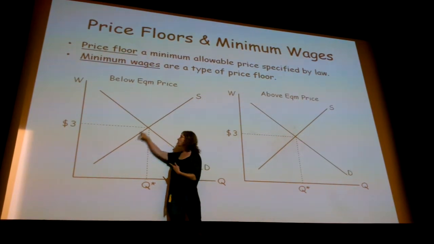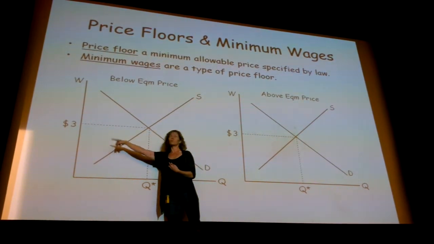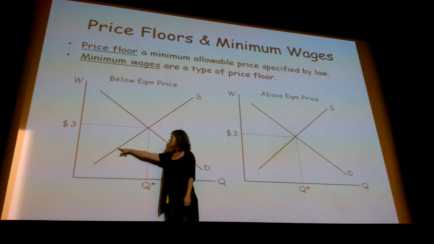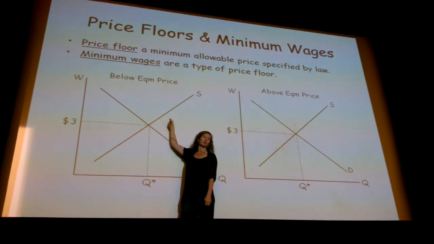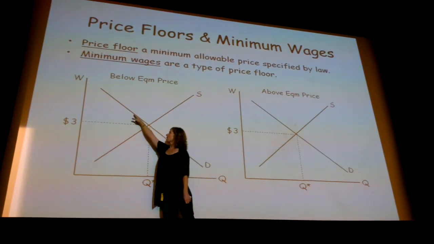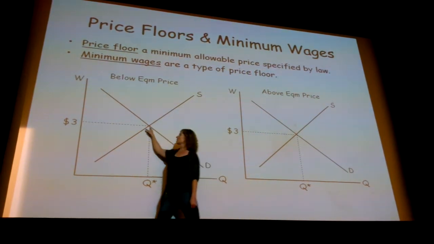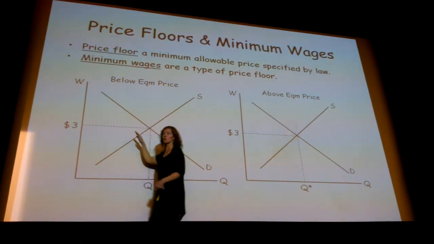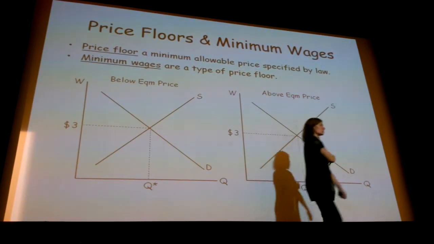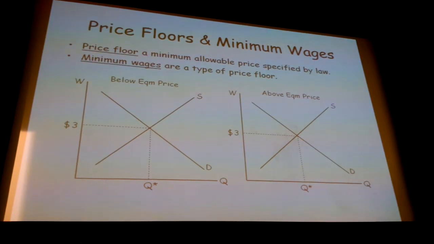How much are we willing to work given the amount of money we can get for it? As you can see, this is upward sloping. The higher the wage rate, in general, the more people are willing to work. Similarly, as wages go up, the quantity of labor demanded, the number of firms who want to hire those people, starts to go down. So it's a little bit different. Just keep that in mind.